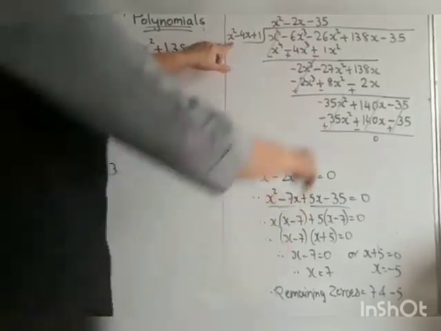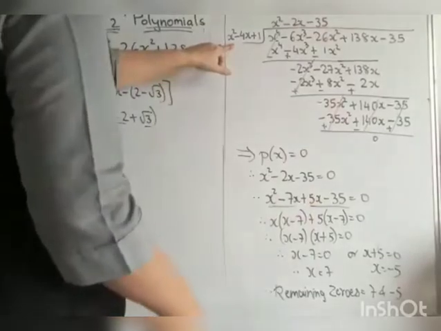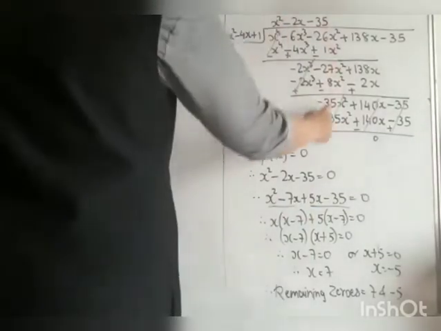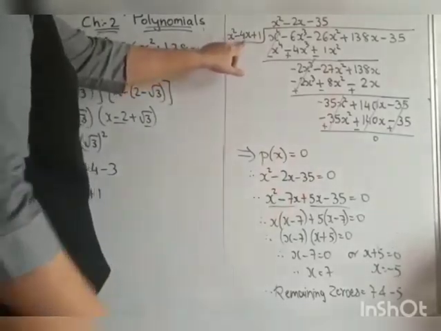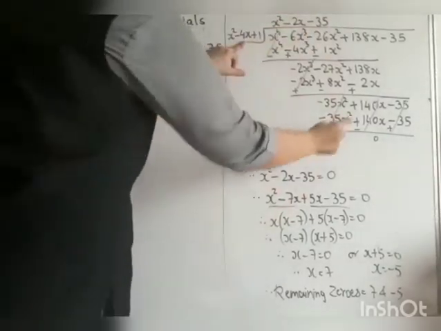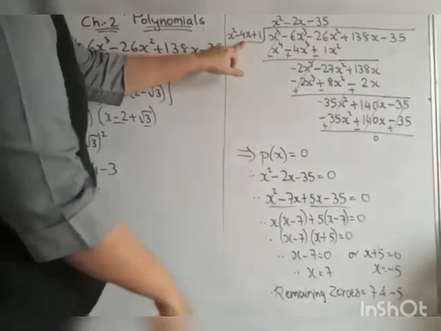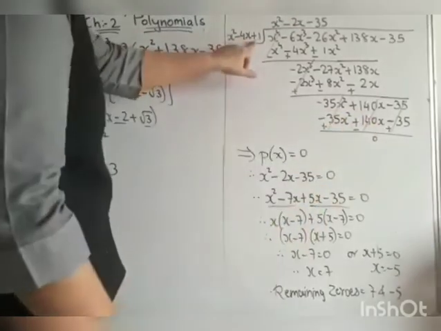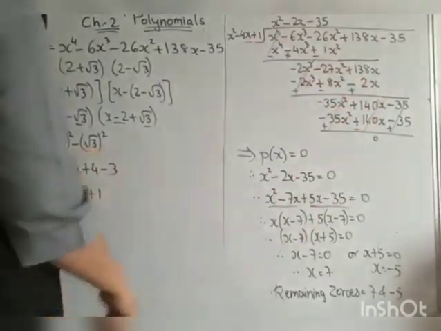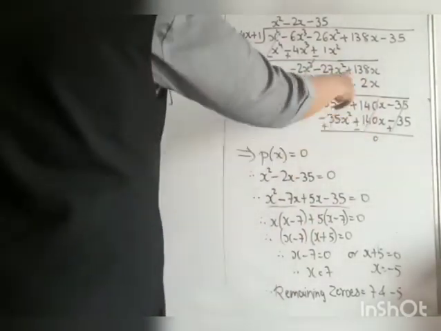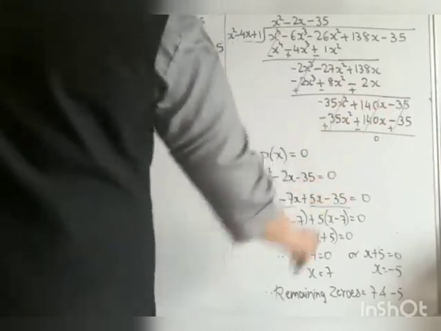So x square multiplied by 35 is 35x square. Here you can see plus minus minus. X square into 35, 35x square. Then minus minus plus 4x into 35, it is 140x. Plus minus minus 1 into 35 is 35. So here you can see after the sign change, everything will be cut down. So the answer will be 0.